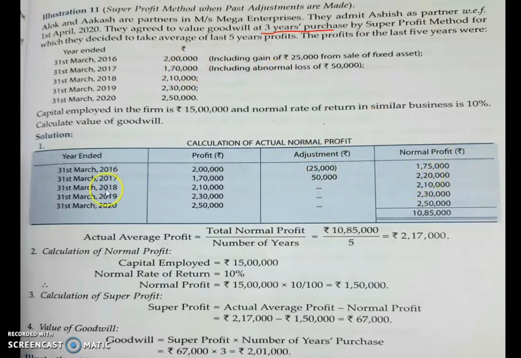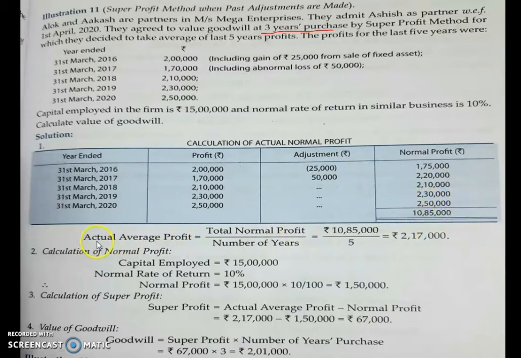After deducting and adding all the abnormal gains and abnormal losses, what you will get is your normal profit. After adding all your normal profit, you will get the amount of total normal profit.